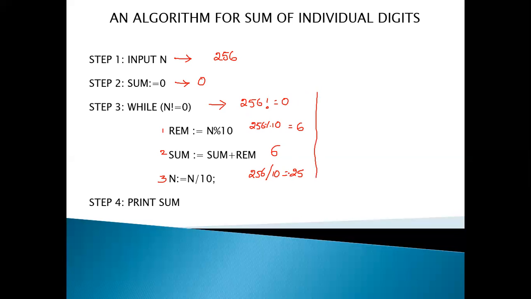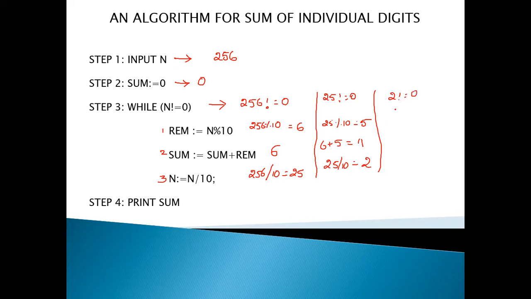In the second cycle, the value of n is 25. 25 is not equal to 0, so it comes into the loop. 25 percent 10 is 5, and this 5 is added to sum. The sum has 6, so 6 plus 5 is equal to 11. After that, n is reduced by dividing by 10, which will be 2.